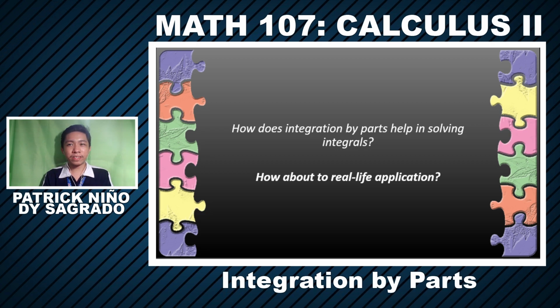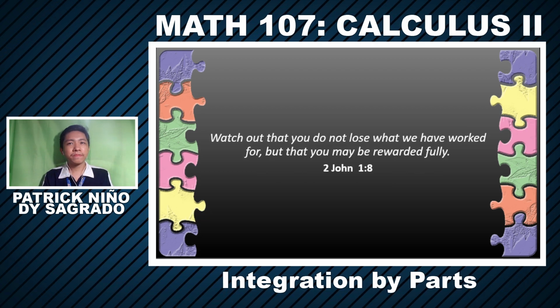So that is exactly what our integration by parts is doing for calculus, and also for the value in applying it. As we can think of it, the Bible says it well, that watch out that you do not lose what we have worked for, but that you may be rewarded fully. As we did it by parts in our integration by parts method, we did not lose track of what we are trying to solve.